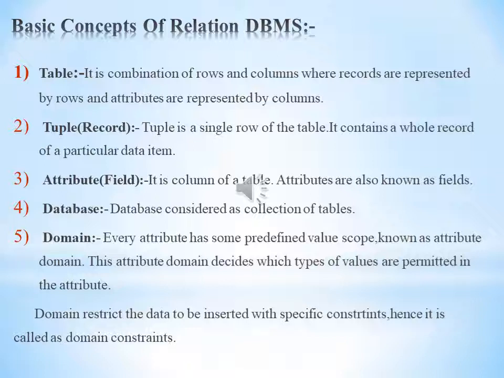Next is the tuple, which means record. A tuple is a single row of the table. It contains a whole record of particular data items. Then third is the attribute. It is known as the field. It is a column of a table. Attributes are also known as fields.